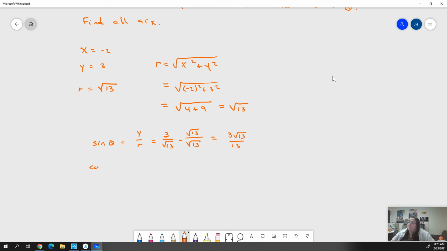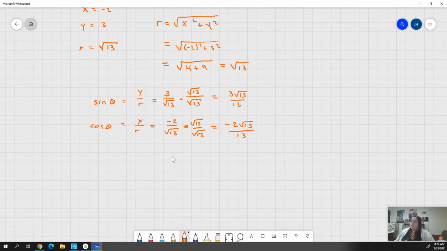Your cosine of theta equals x over r. And you're going to have to do the same thing anytime your r is in the denominator. In this case, -2 over the square root of 13, and you're going to have to rationalize that one too by multiplying times radical 13 over radical 13, which gives us -2 rad 13 over 13. So keep that in mind when you're doing these.